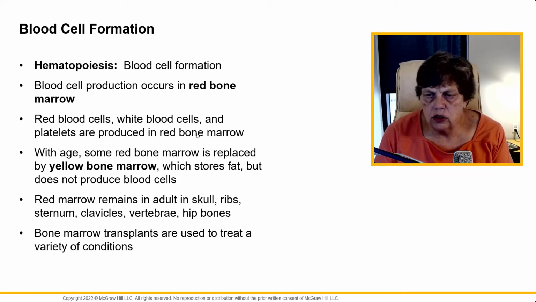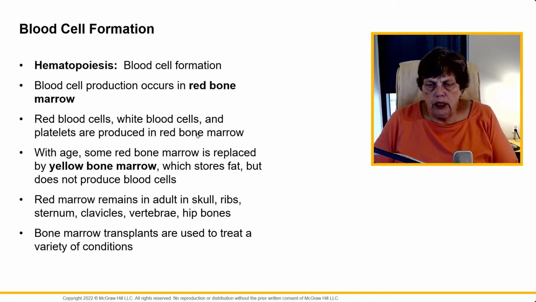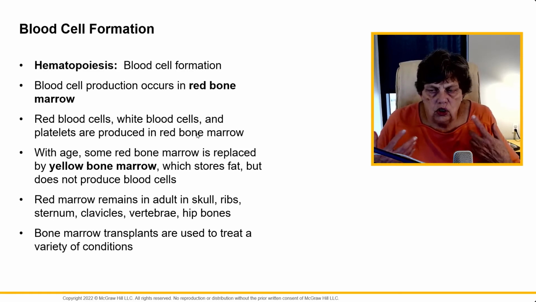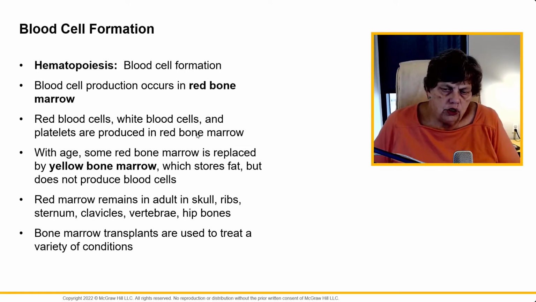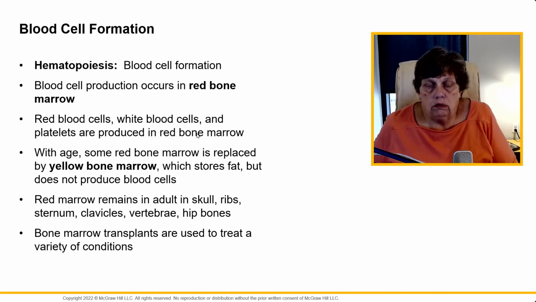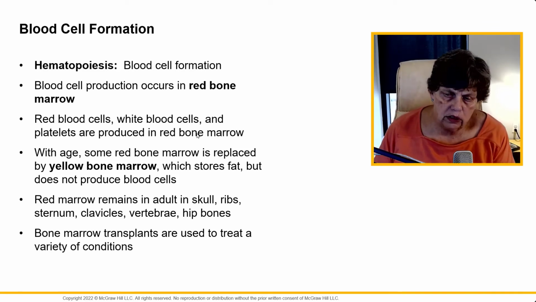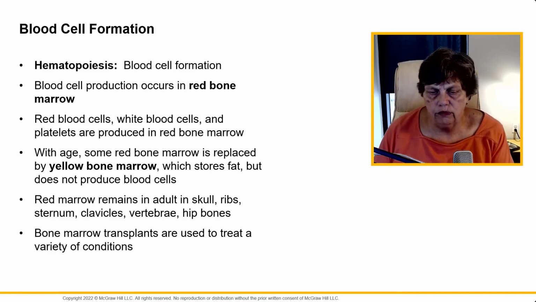Again, with age, this is replaced by fat, and that doesn't produce the blood cells. So the red marrow remains in the adult in the skull, the ribs, the sternum, but a lot in the hip bones. In fact, if you're going to have a bone marrow tap, they're going to go into the hip bone because you can get a nice sample from there.